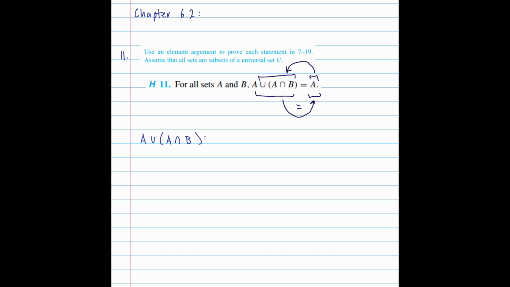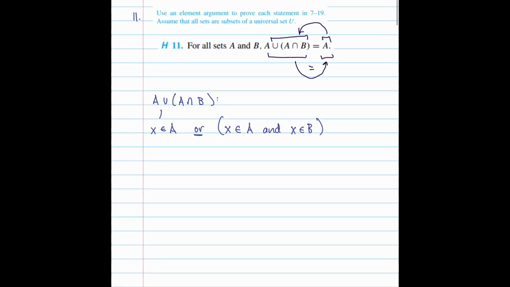Alright, so A union with the intersection of A and B, this just means X is either an element of A or X is an element of A and B. Right, so we have two cases here.